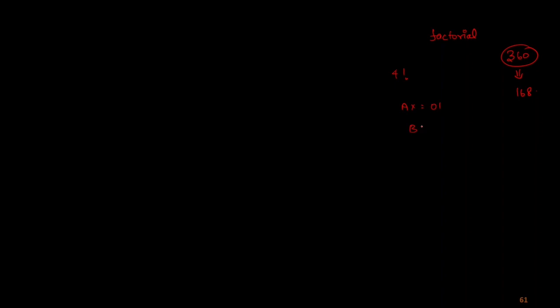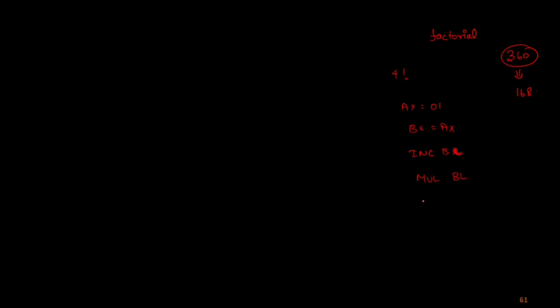After that, BX with the value of AX. After that, I incremented my BX, and incremented my BL. This is what I have done in the previous program, multiplying my BL with my AL and saving it inside my AX.